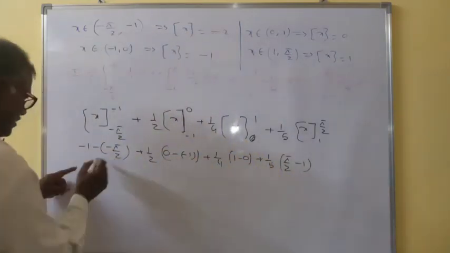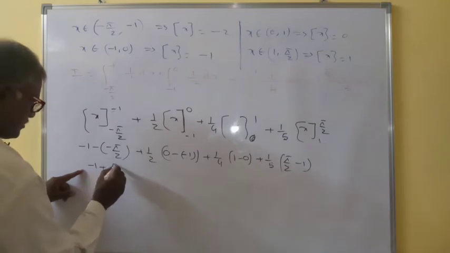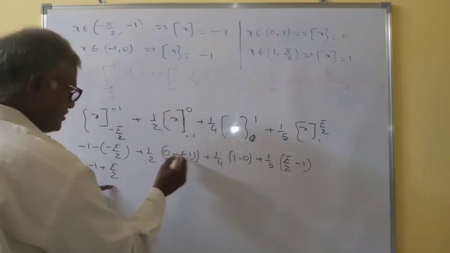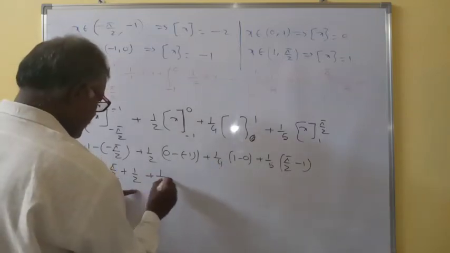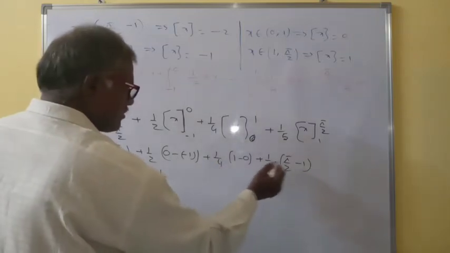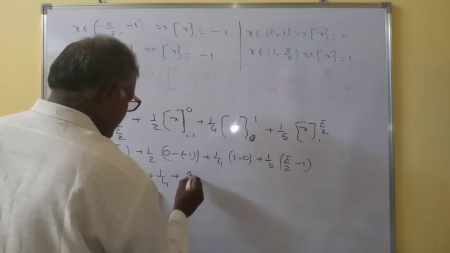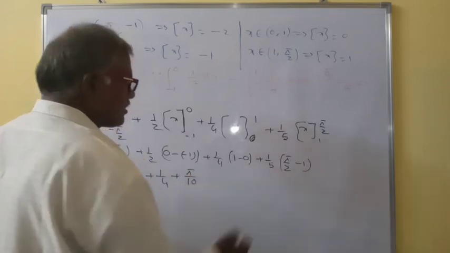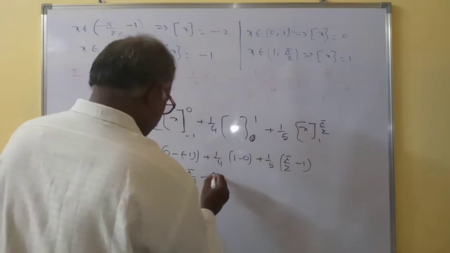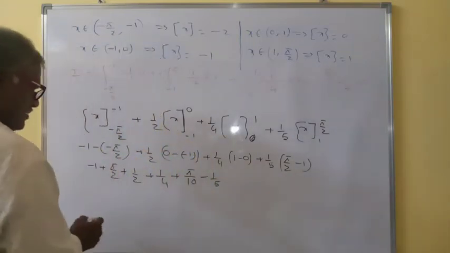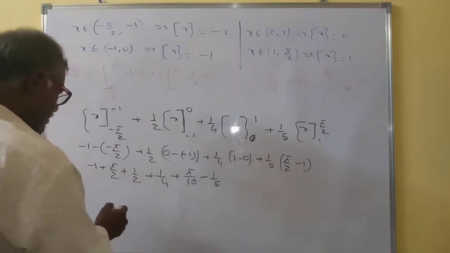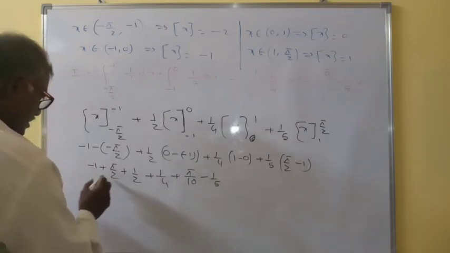Now minus 1 plus pi by 2, here minus and minus plus 1 by 2, here plus 1 by 4, here plus pi by 10, minus 1 by 5.